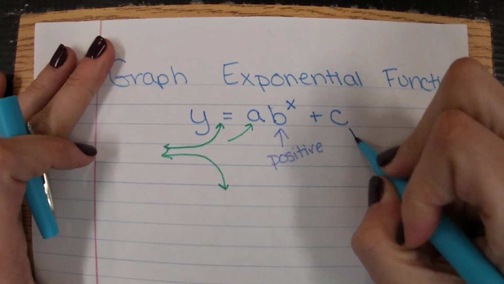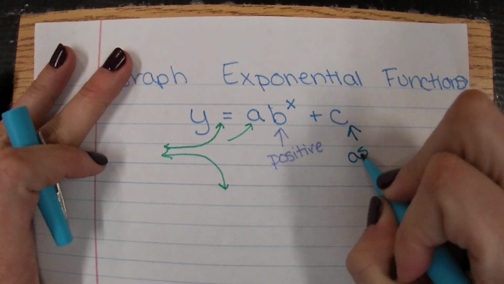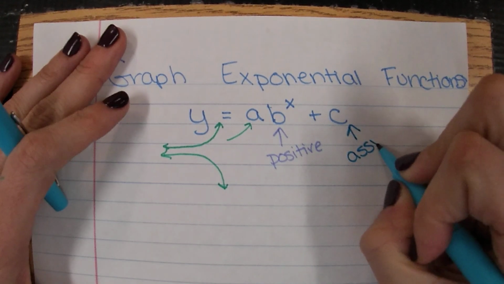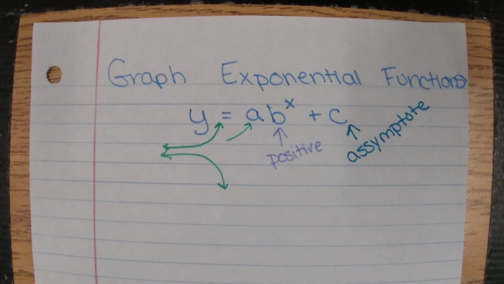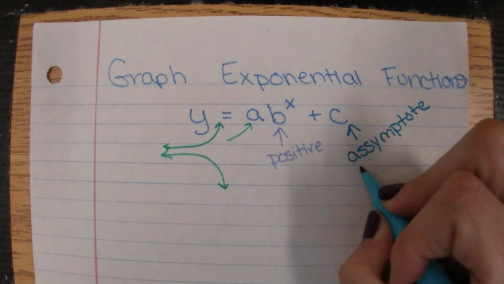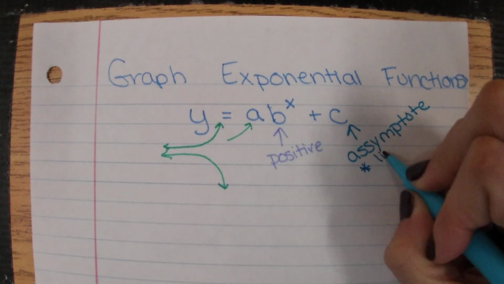This c value over here is what determines our asymptote. And it's spelled really funny. Our asymptote is not imaginary, it's not made up, but it's not part of the graph. It's a line that we can't cross.